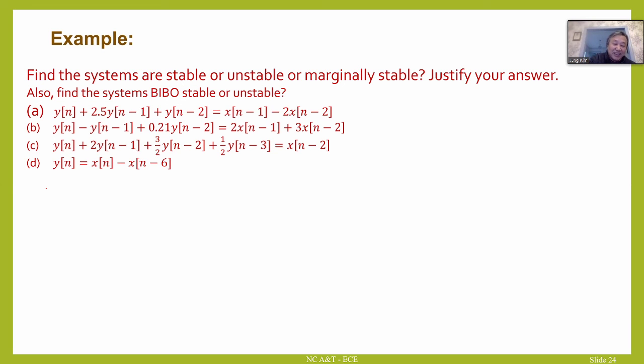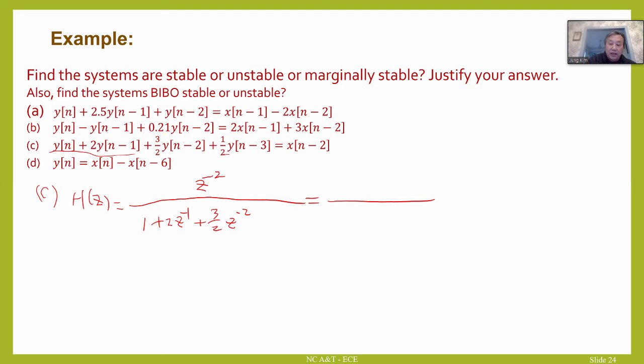But okay, C. Okay, so first of all, H of z. The input side is z to the minus 2. The output side is 1 plus 2 z to the minus 1 plus 3 over 2 z to the minus 2. So multiplying by z squared, this is z squared plus 2z plus 3 over 2.